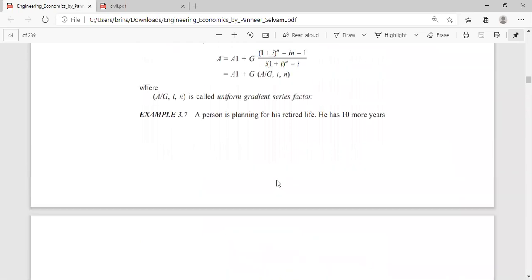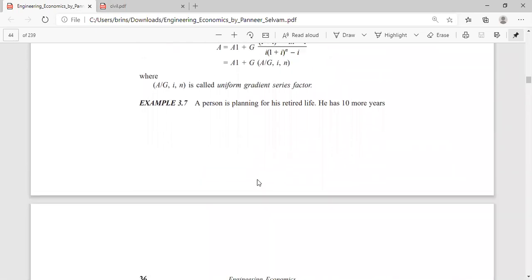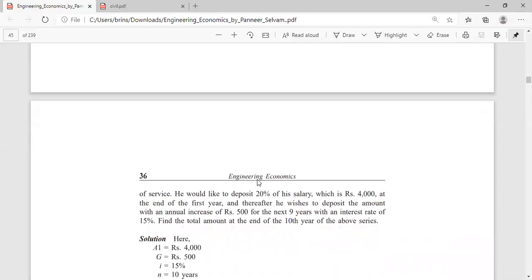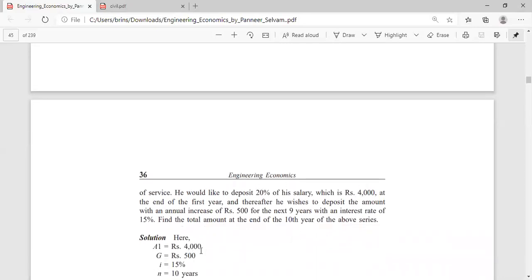If you see clearly, the person is going to retire after 10 years, so he wants to have some kind of deposit. The deposit is 20% of his salary, which is 4,000. So 4,000 is the initial amount he pays, that is your A1.